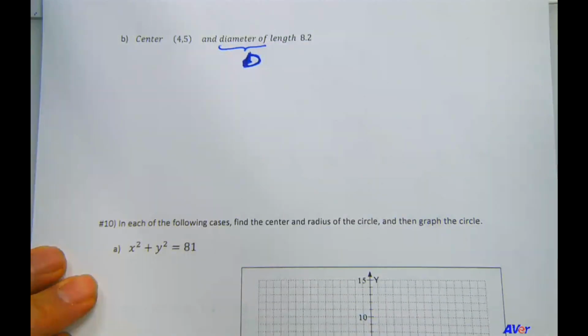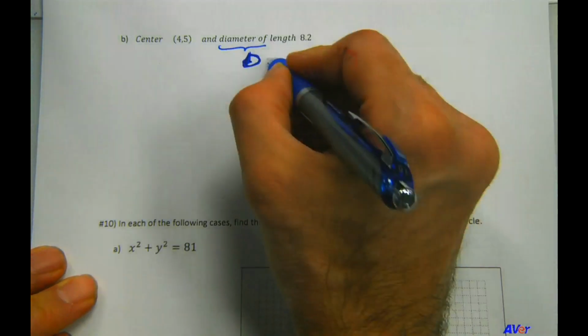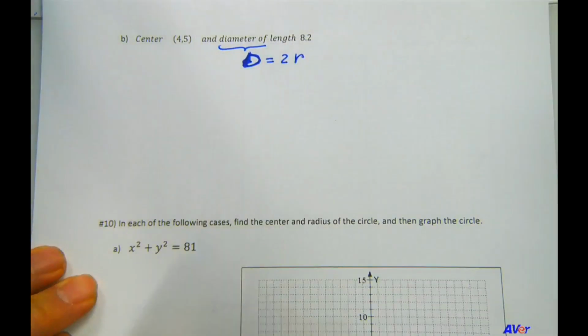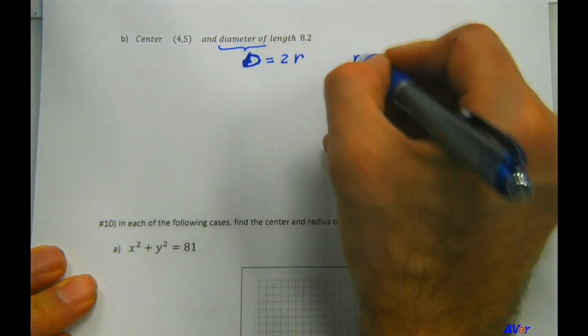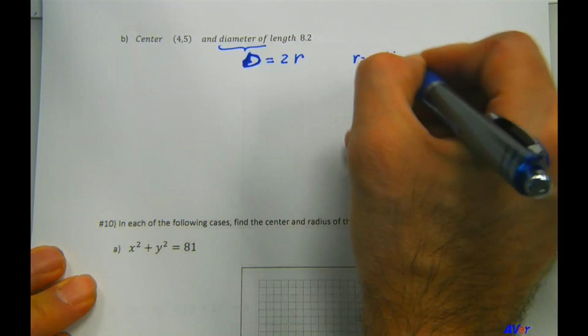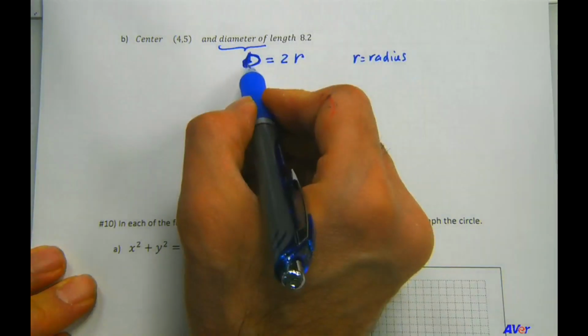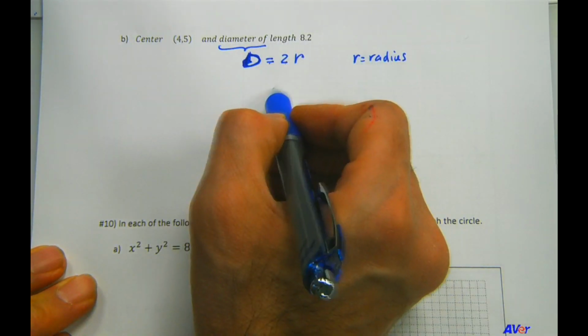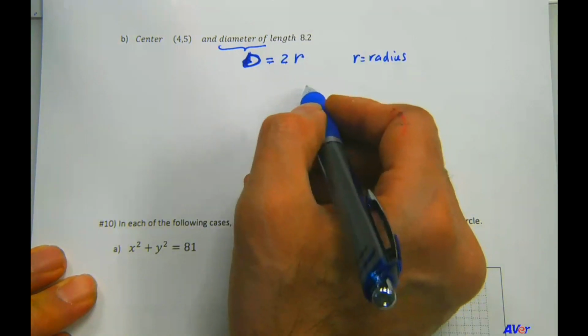So D is equal to 2 times r, where r is the radius. We know that from elementary geometry.